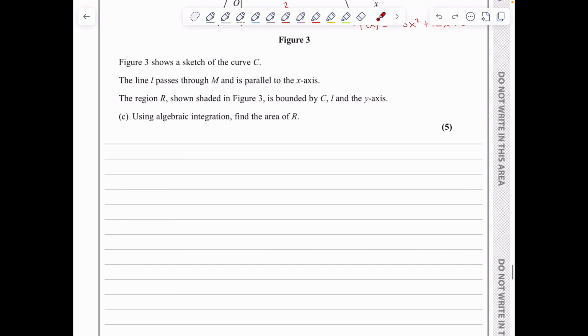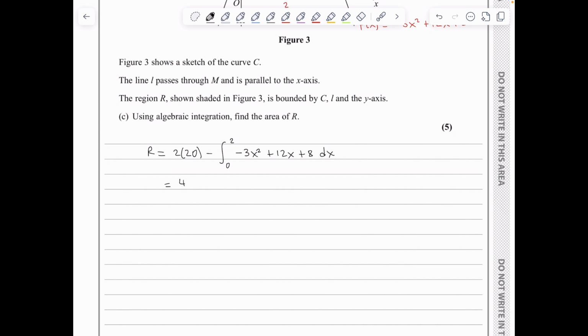So let's go. We've got that capital R is the area of the rectangle, which is 2 times 20 minus the integral from 0 up to 2 of minus 3x squared plus 12x plus 8 with respect to x.